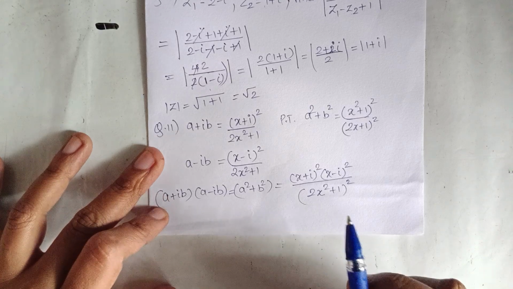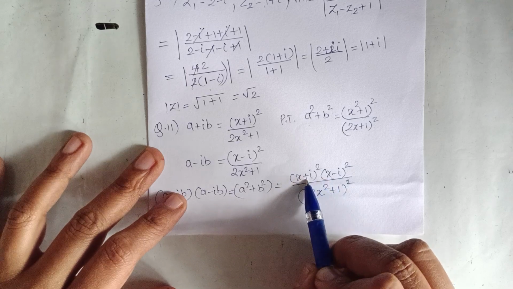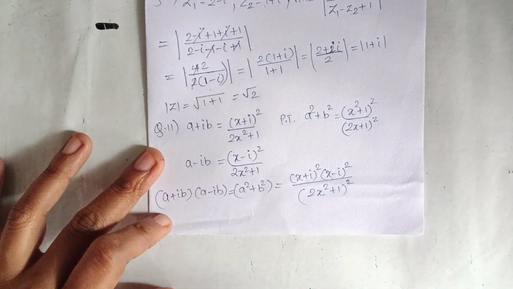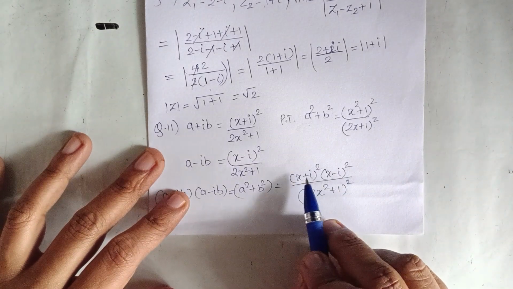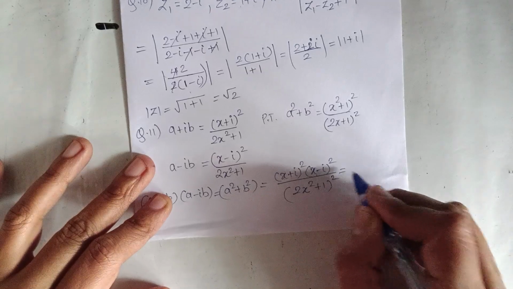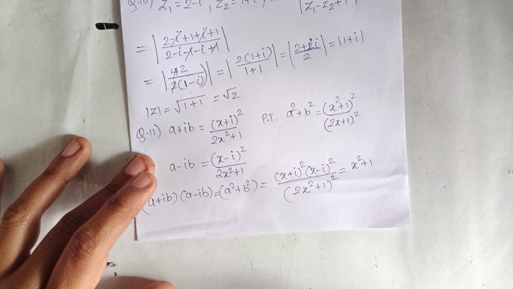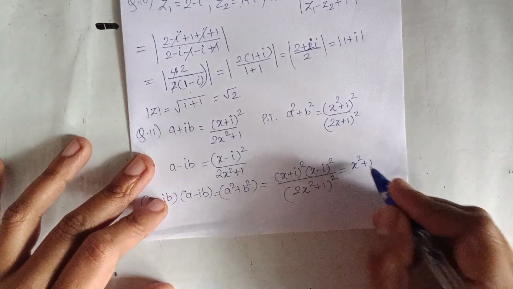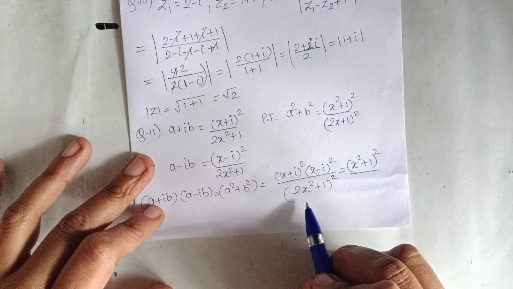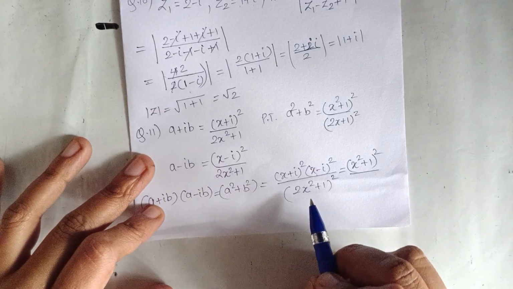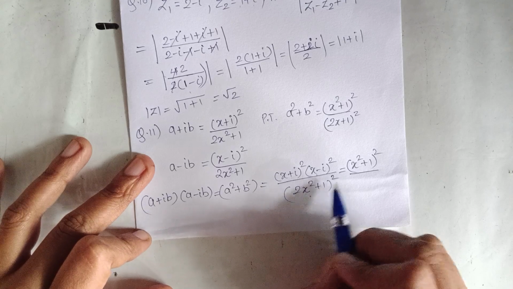Okay, so multiplying this, you will get x plus i into x minus i, again x plus i into x minus i. So this is x square plus 1 the whole square. And this is 2x square plus 1 the whole square.